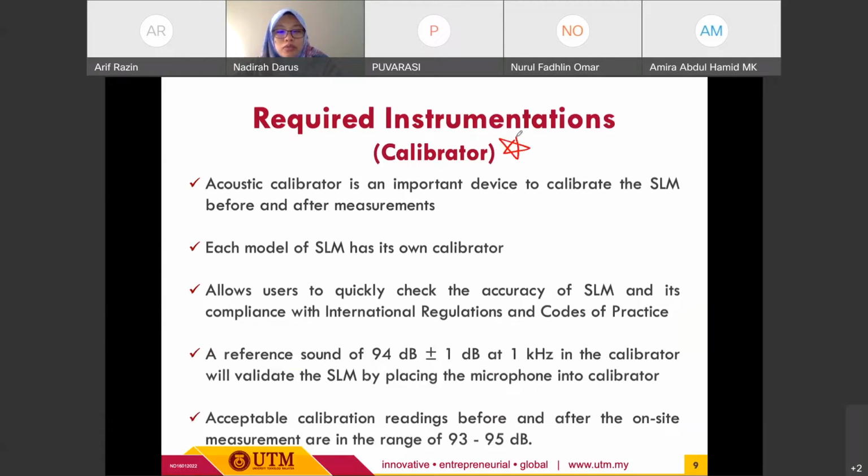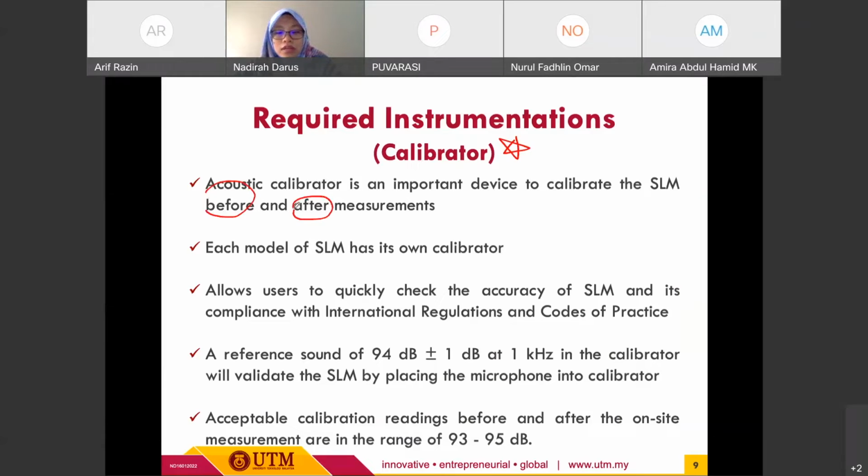So we need to always remember that any equipment or any device instrumentation should be calibrated. Okay, so that kita akan avoid the reading error, kita akan avoid any error for the instrument to capture the actual data, right? So for the purpose of noise measurement, we should calibrate the sound level meter before and after measurement.